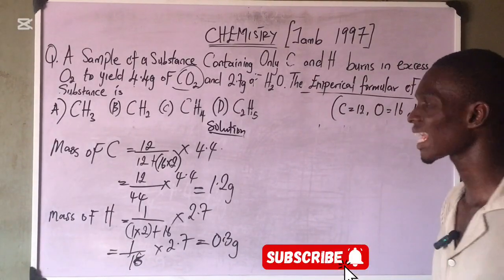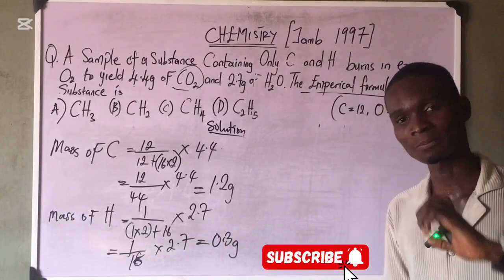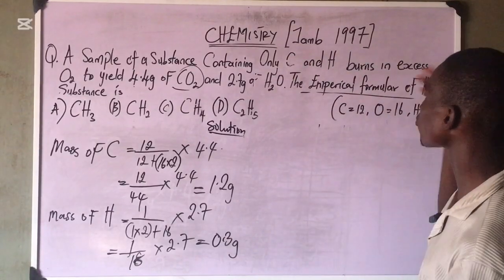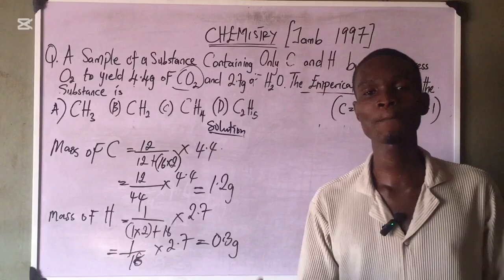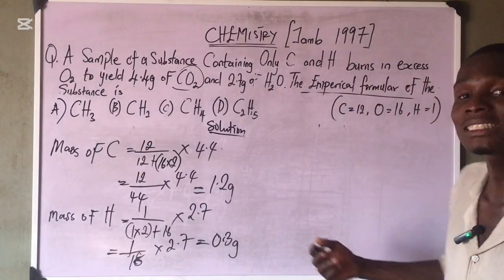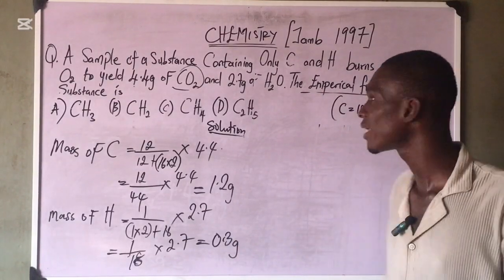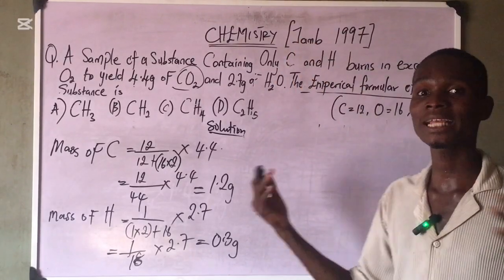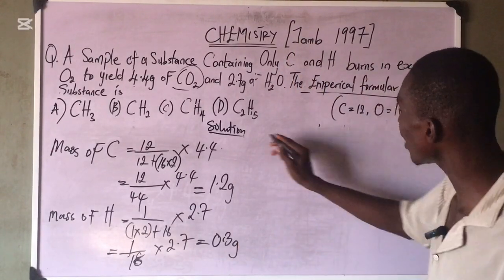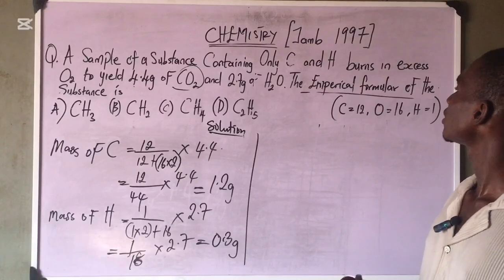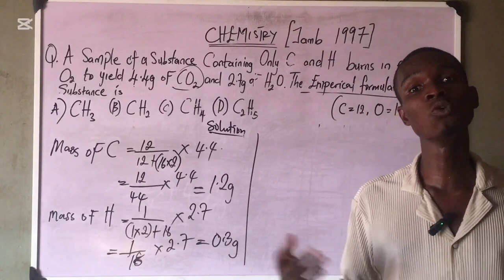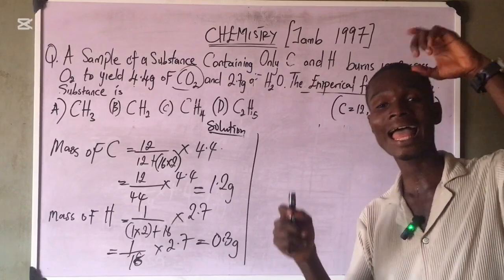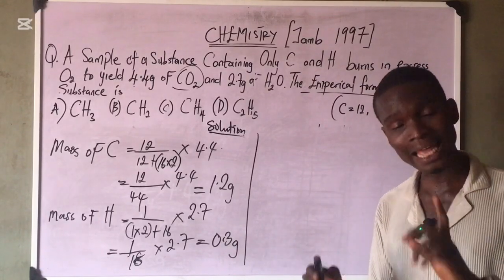At this point, I have gotten the main problem, which is the mass of the individual elements. We can now solve for the empirical formula. I said it is the mole ratio of the individual elements present in a compound. The mole ratio is the mass of the element over the molar mass of that element.